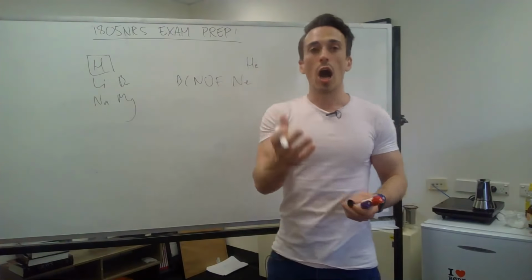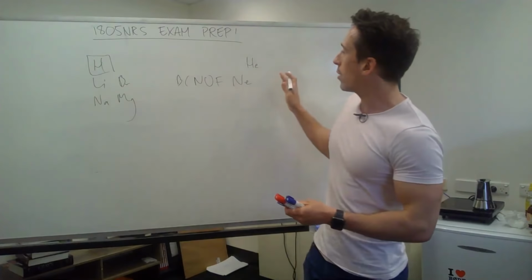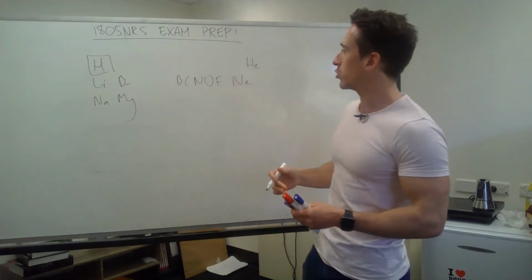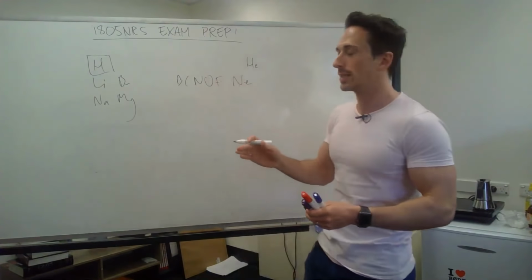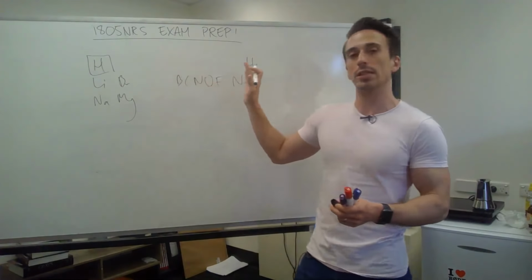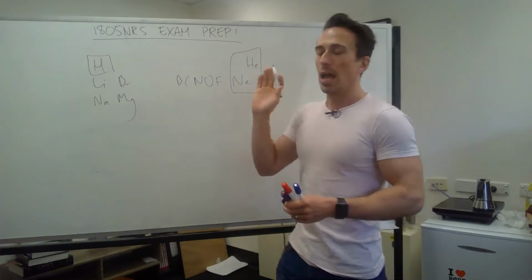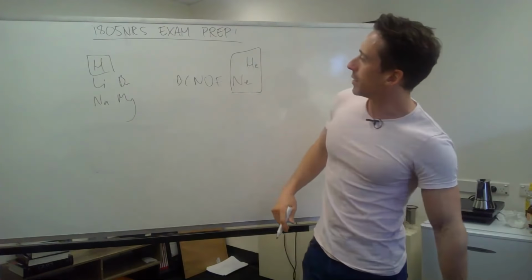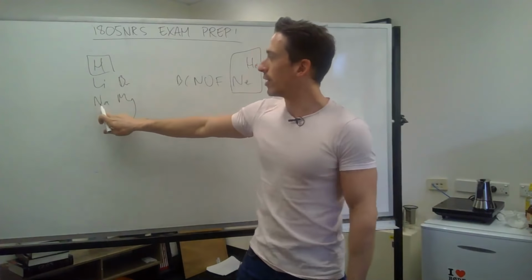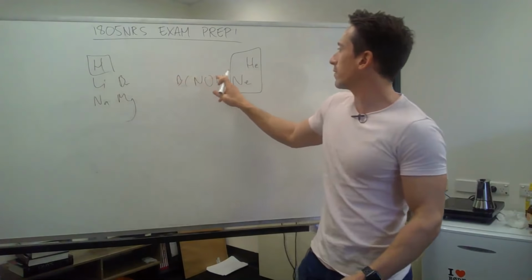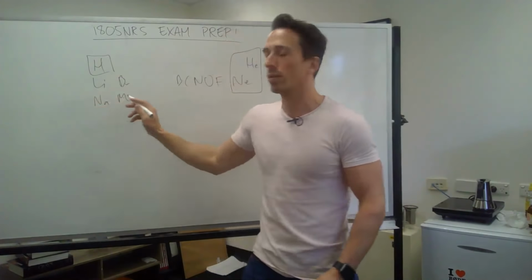When we've got ion, what's an ion? Well, an ion is going to be a charged atom or element. How do we know whether it's going to be charged or not? Well, you need to have a look and see which atom is closest to its nearest noble gas. For example, these are noble gases right here. If we've got something like sodium, right? Sodium is number 11 on the periodic table.